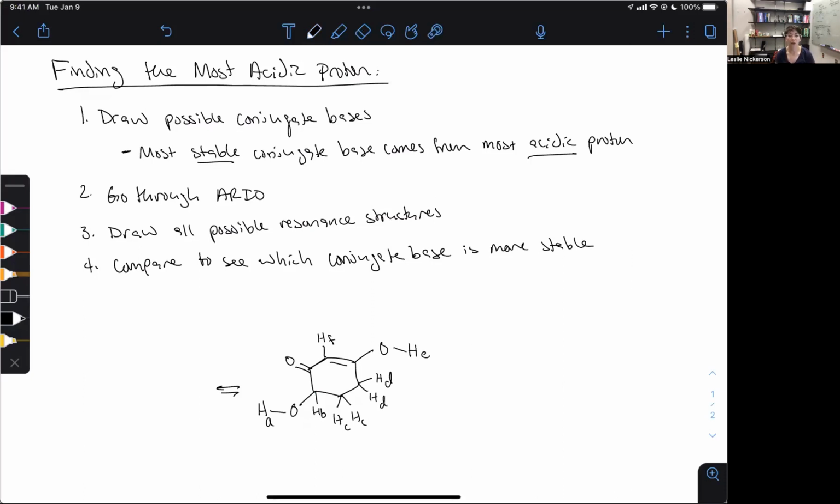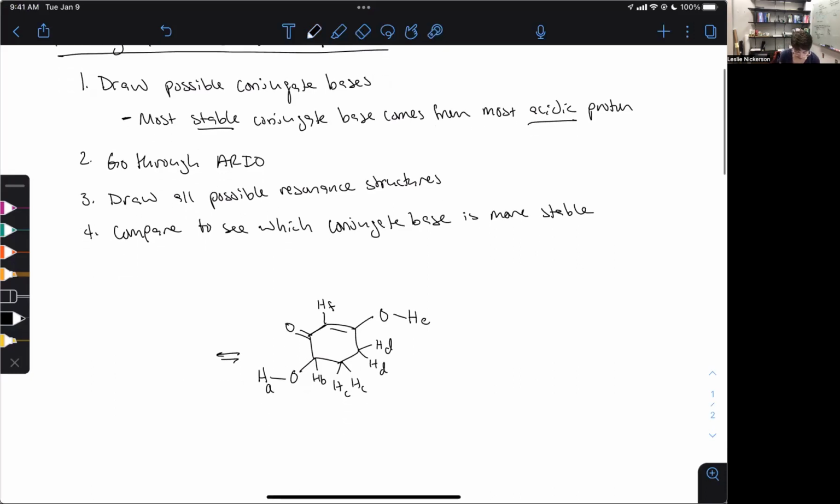Okay. So if I'm going to look at every single one of these, I essentially have 1, 2, 3, 4, 5, 6 options, A through F. So that means I'm going to draw out 6 conjugate bases. Okay.